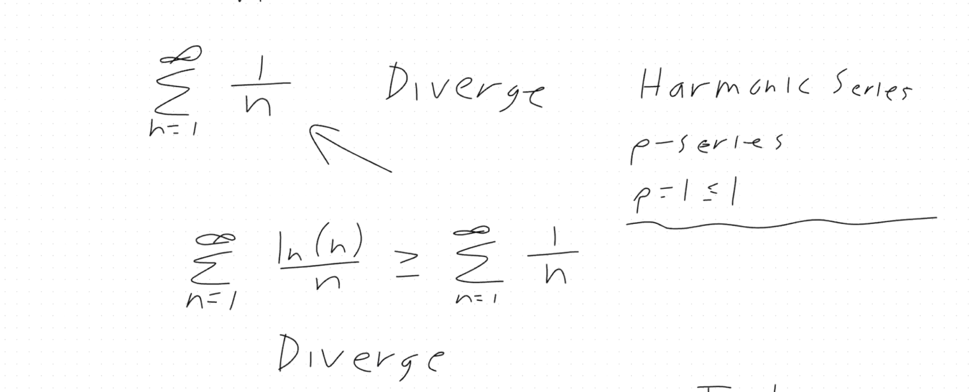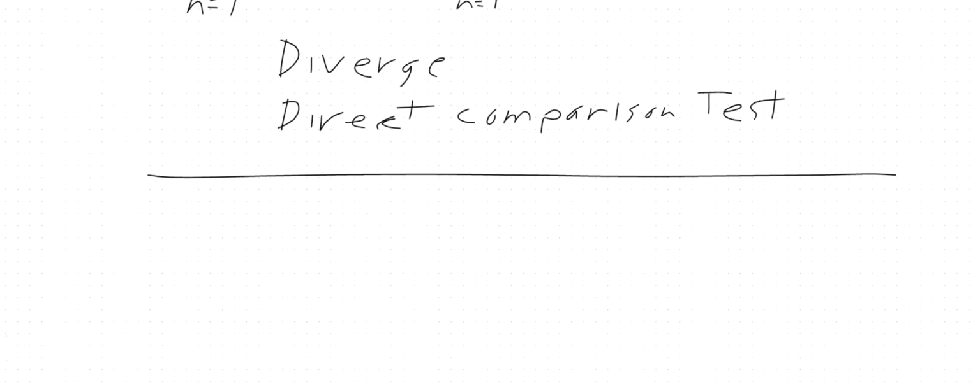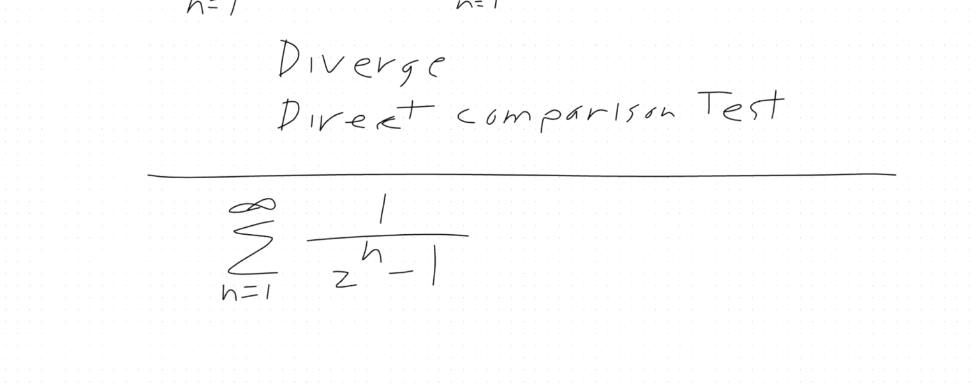All right, but this is not always going to work. So say we wanted to figure out this 1 over 2 to the n minus 1. Now it looks kind of like a geometric series. So if you wanted to compare it to 1 over 2 to the n, we can tell whether or not that converges or not.